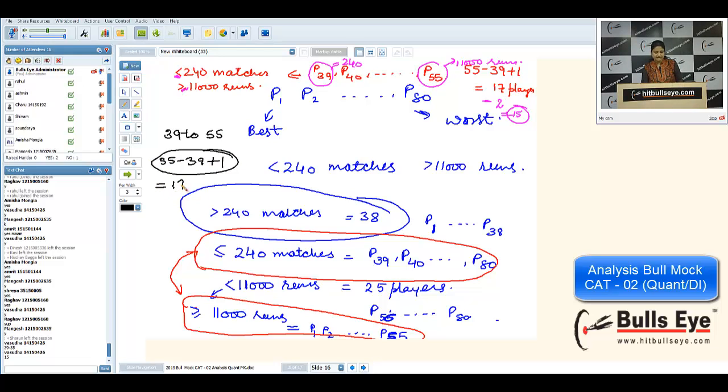That's why we are getting 17. Is it okay, Vasudha? And we want to minimize this range. That's why we are subtracting 2, because we are considering that P39 is playing 240 matches, and P55 is scoring 11,000 runs. We don't need equality here.